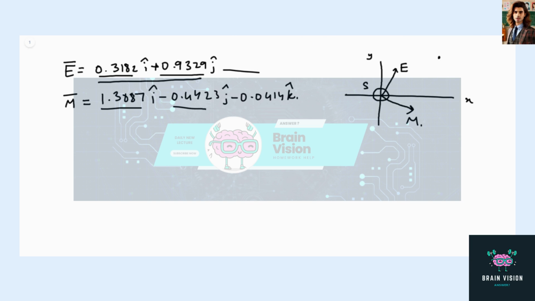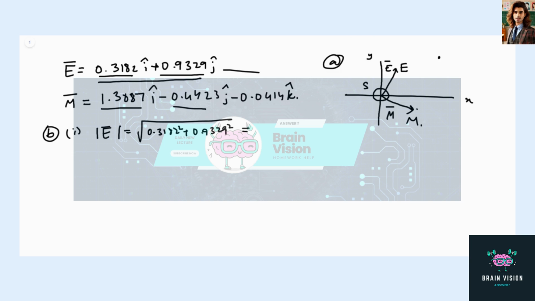Of course, Mars is not in this plane, it is slightly out of this plane, but we will ignore that for now. Now, for part B, we need to find the distance of Earth from Sun. Now we know that this is vector E and this is vector M. Hence, the distance from Sun to Earth would simply be the magnitude of the vector E, which is the square root of 0.3182 squared plus 0.9329 squared.